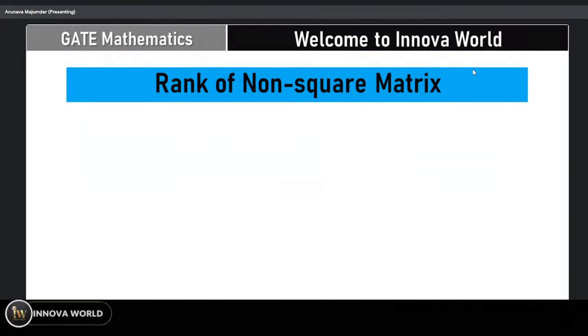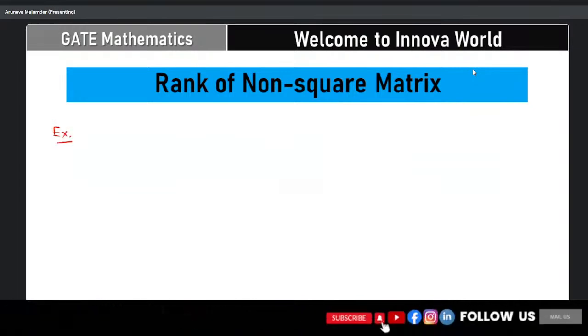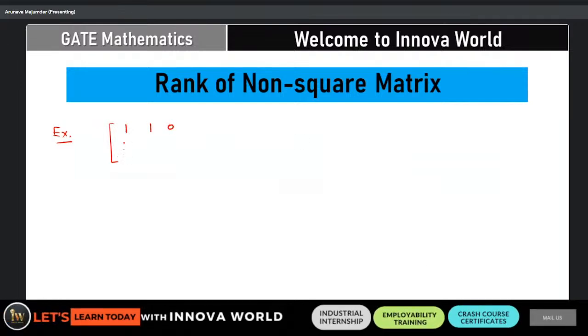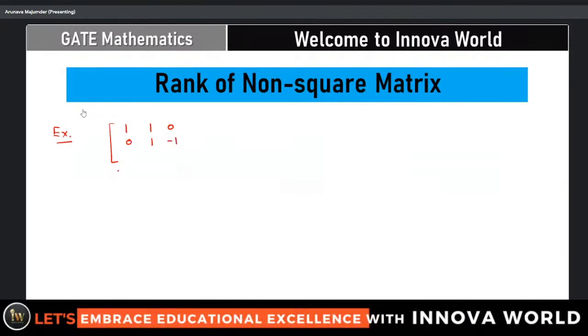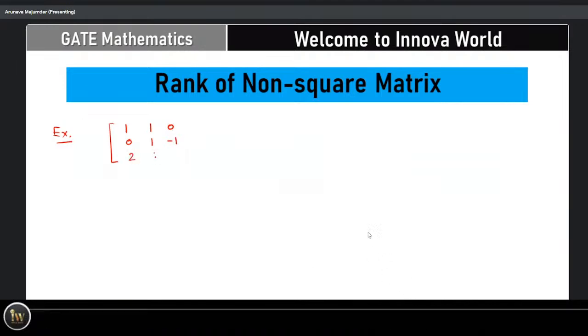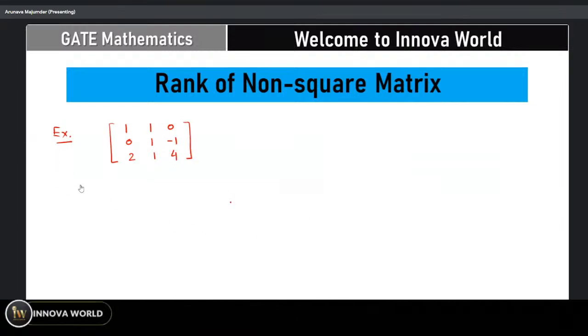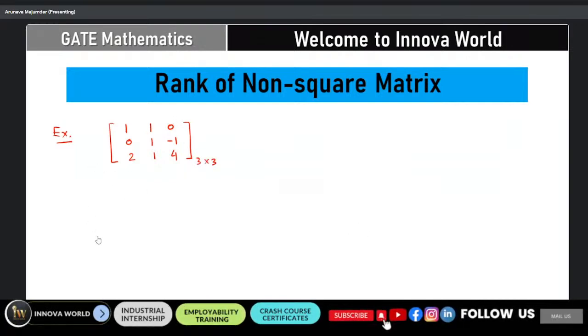This example is a 3 cross 3 matrix, and the matrix is like this: 1 1 0, 0 1 minus 1, 2 1 4. So it's a square matrix, 3 cross 3.